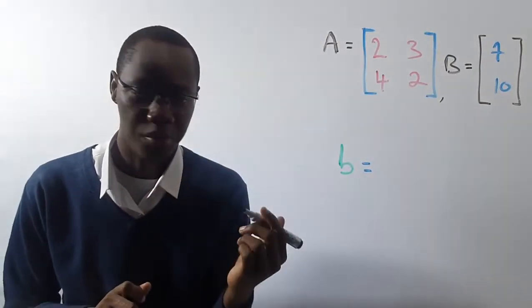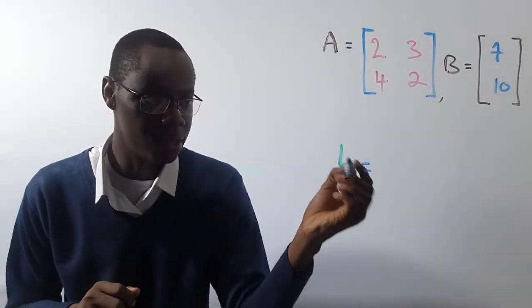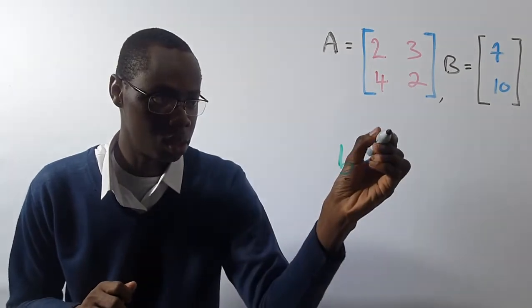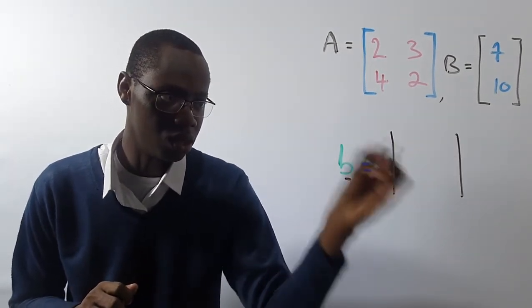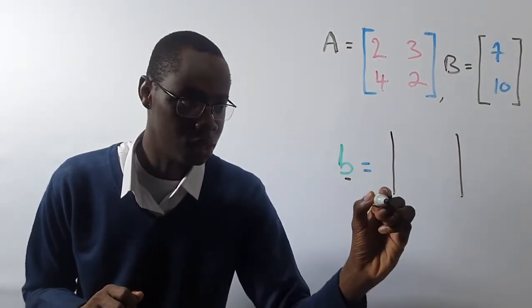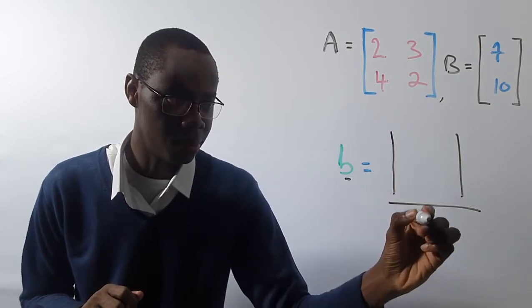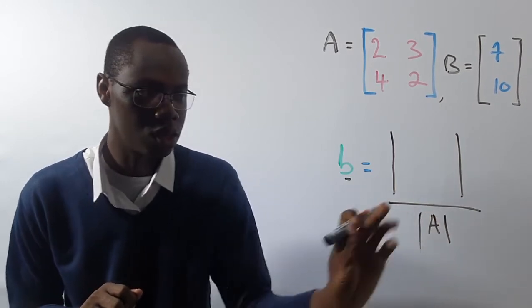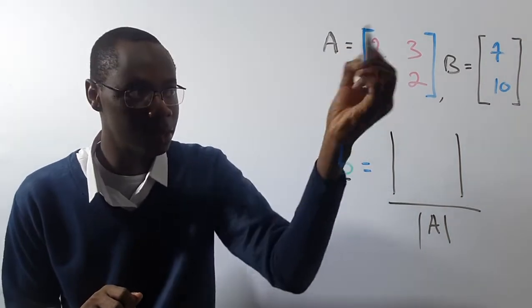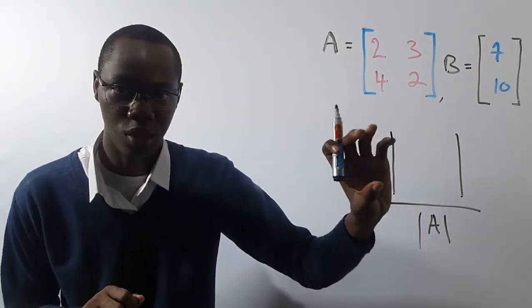To find our second unknown, very easy, repeat the process. Create a certain matrix, find its determinant, and divide it by the determinant of A. The determinant of A stays constant as the base. But what about the numerator?